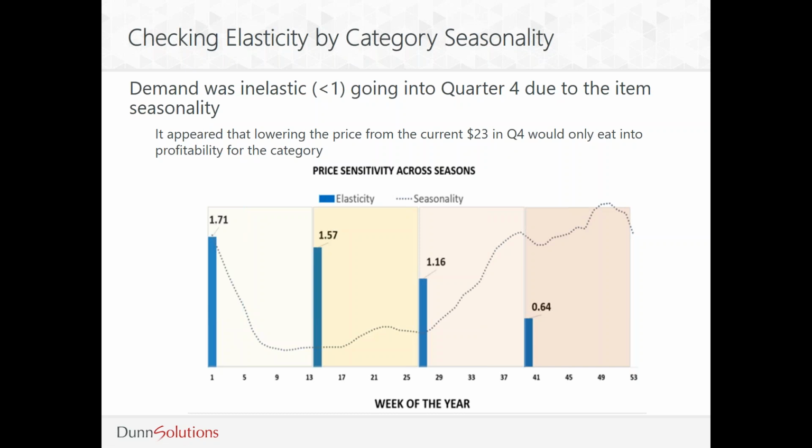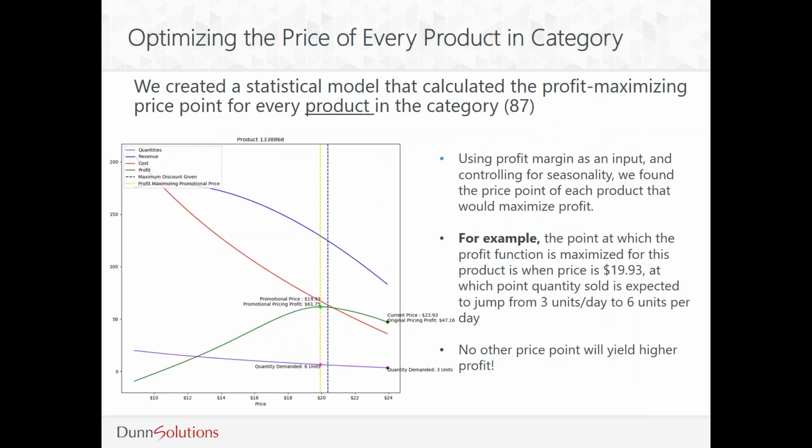So what we did, we took into account seasonality and we reran the optimization, and we calculated the optimal price point for every single category for that specific quarter. Now that means that we might have lowered the price of some items, but generally speaking, we actually increased the price of most items in the appointment books categories.